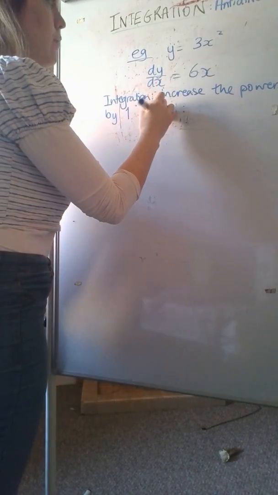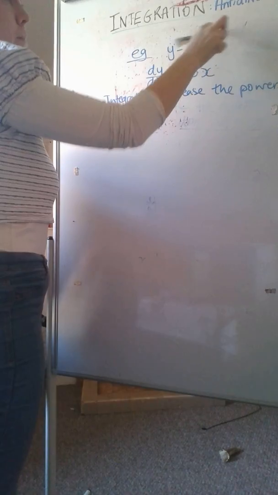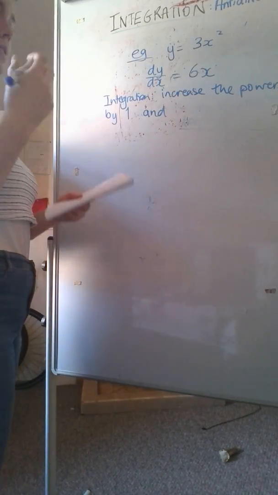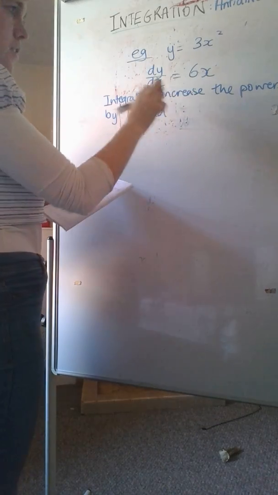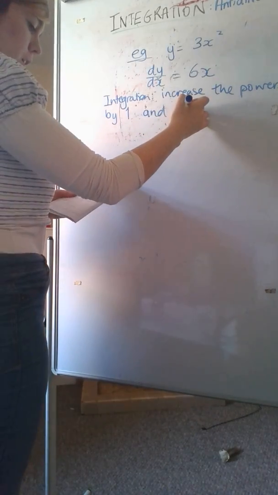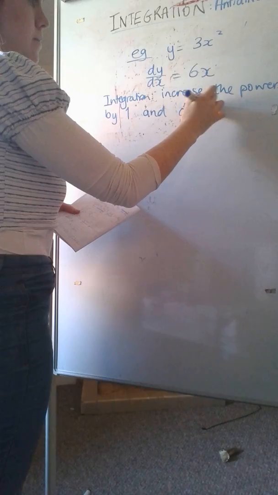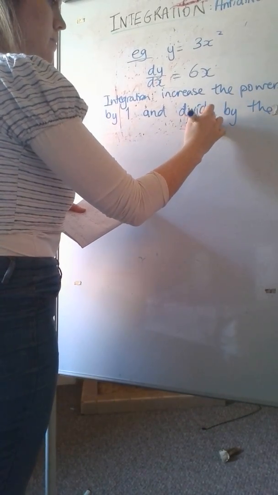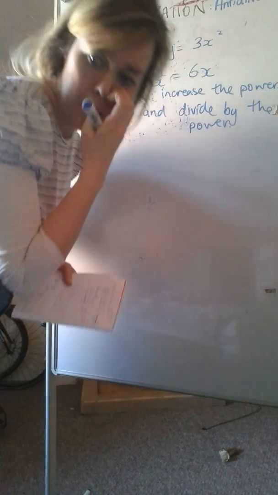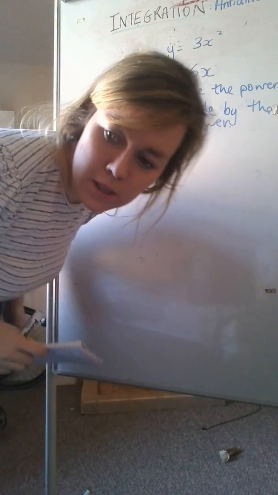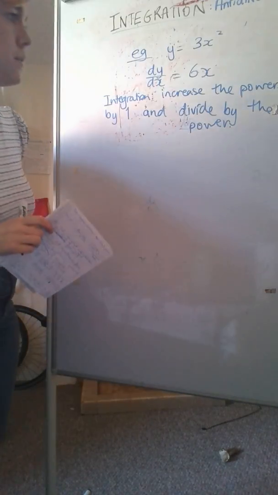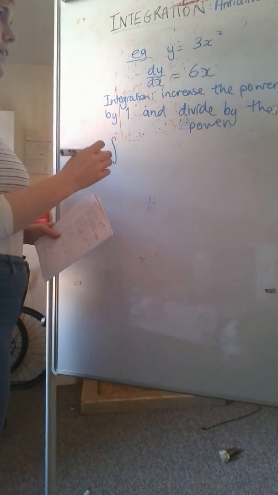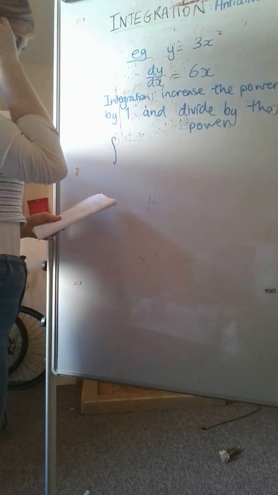And instead of multiplying the function by that power, like here you times 3 by 2, 6, you're now going to be dividing by it. So you increase the power by 1 and you divide by the power. Okay? Now, I'm just making sure you can see that. Divide by the power.